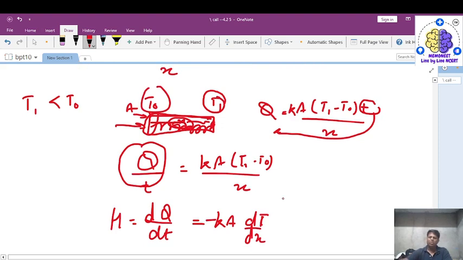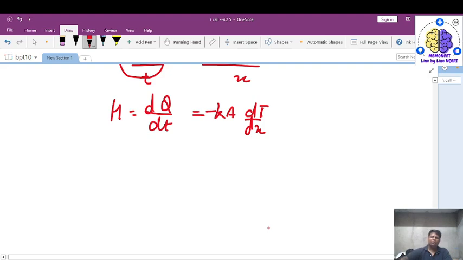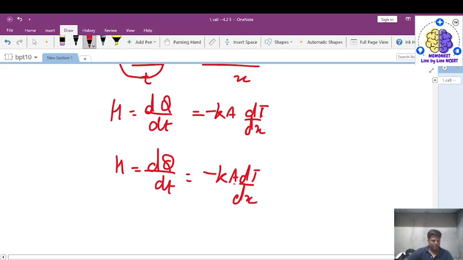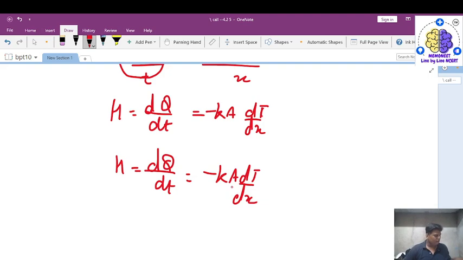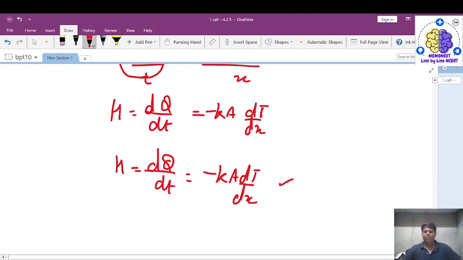That is, the rate of flow of heat is given as H is equal to dQ by dt, which is equal to minus K A dT by dx. This is the rate of flow of heat.